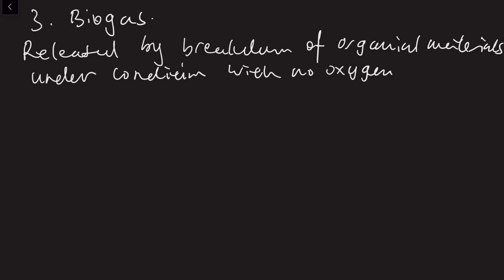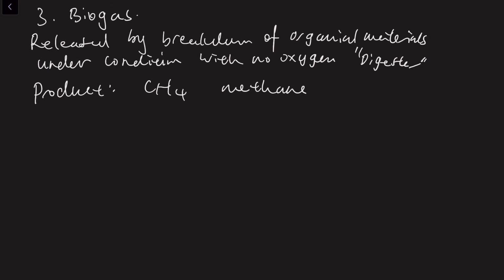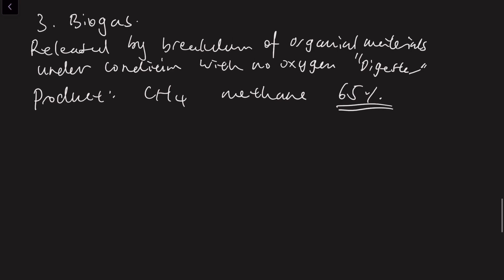So it is commonly done in a thing called a digester. And the product of this process is methane gas, also called natural gas. So around 60 to 65% methane is contained in this biogas.